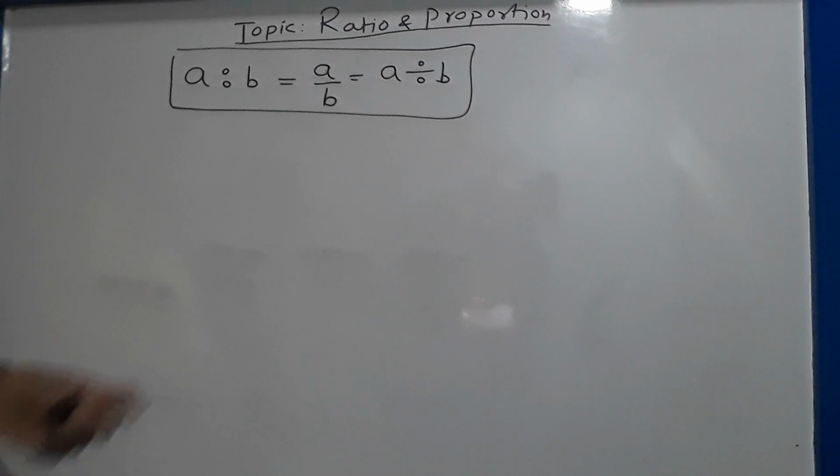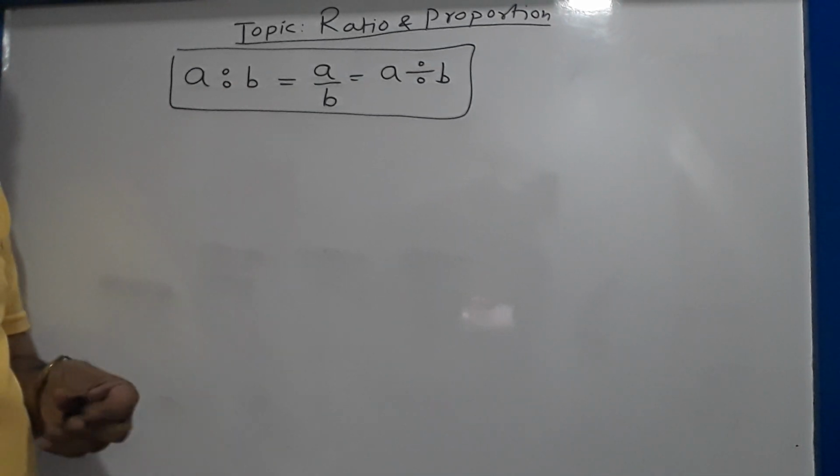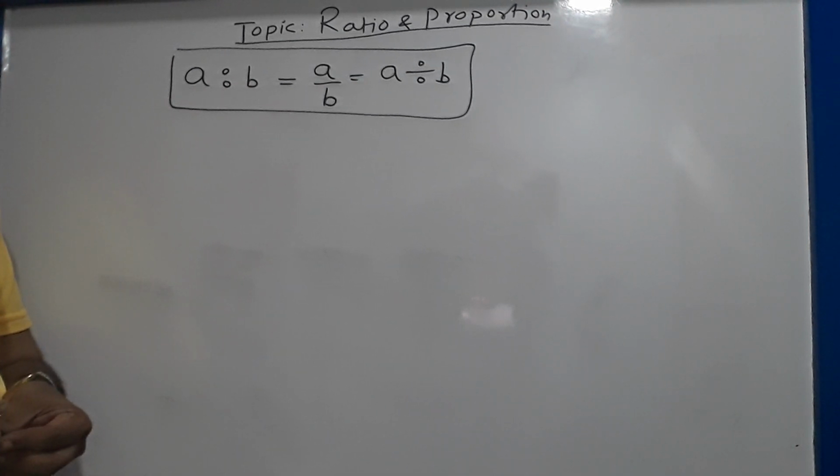So whenever you come across A is to B, you can write A upon B or A divided by B.